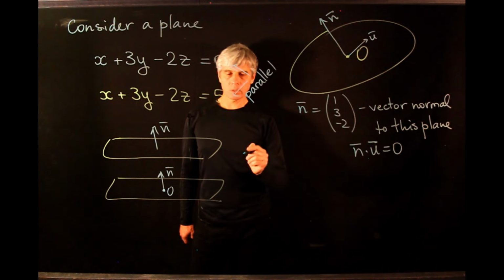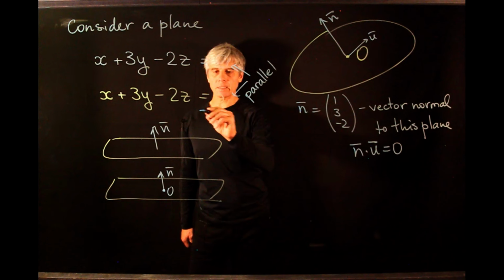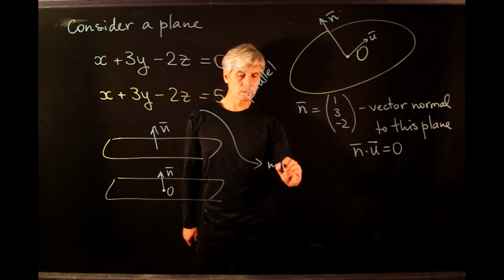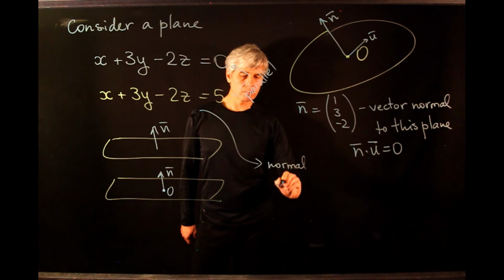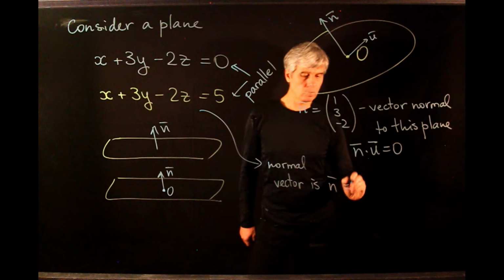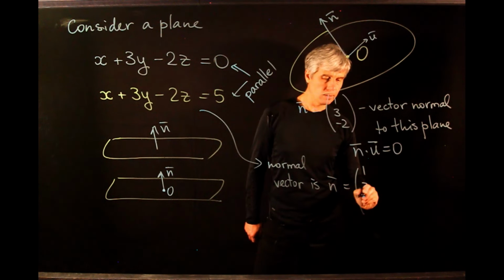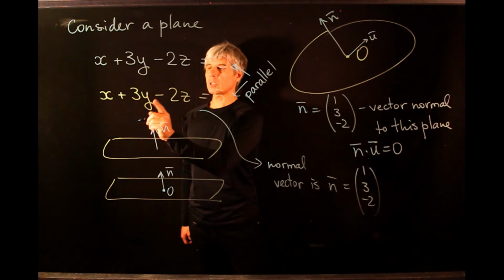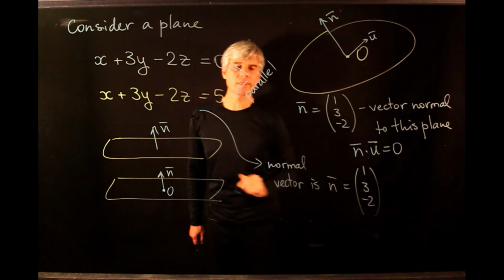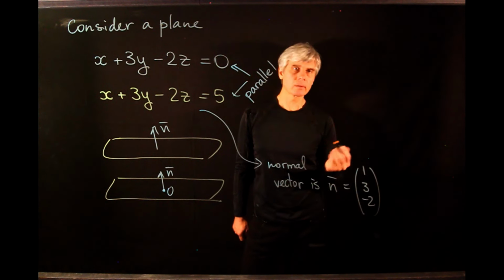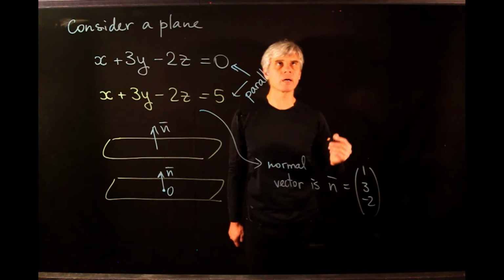So this plane also has normal vector n, which is 1, 3, negative 2. So the normal vector is determined by coefficients at x, y, and z, and not by the right-hand side. This idea applies to any Rn, and in particular we can also use it in R2.